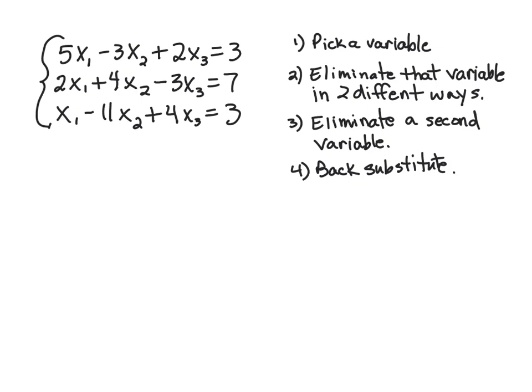I want to pick a variable, and I'm lazy, so I want to be wise. So I'm looking for ones, or I'm looking for multiples, or I'm looking for something that's the opposite sign of everything else. In this case, I have a 1 in the x1, but all of these are positive. For the x2's, I've got a positive and two negatives, so it wouldn't be that difficult. I just multiply by whatever gets the least common multiple.